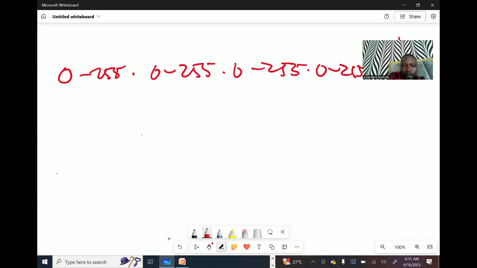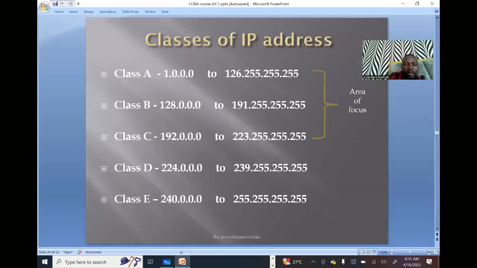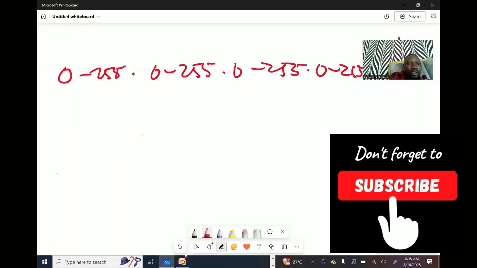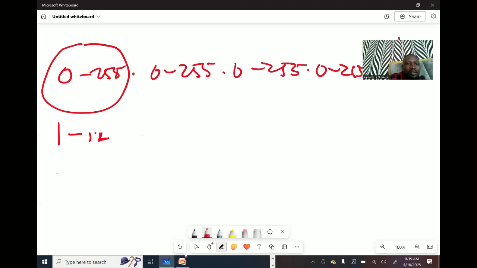So now we say Class A if the number in this first octet is between 1 and 126, then it is a Class A.